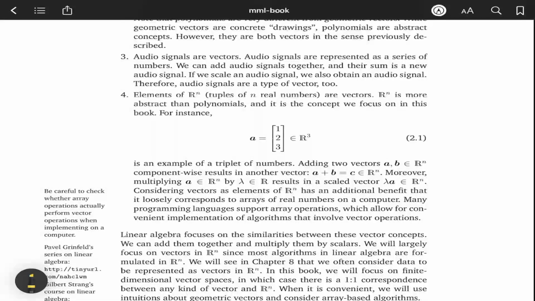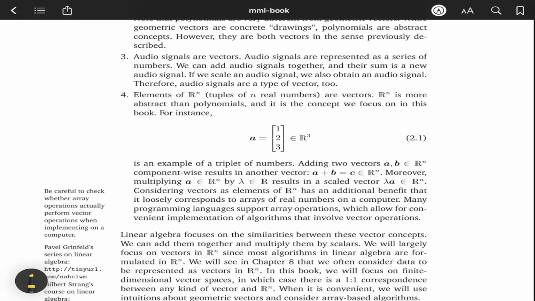Number 4. Elements of Rn. Tuples of n real numbers are vectors. Rn is more abstract than polynomials, and it is the concept we focus on in this book. For instance, a can be a tuple of 3 numbers: 1, 2, and 3.